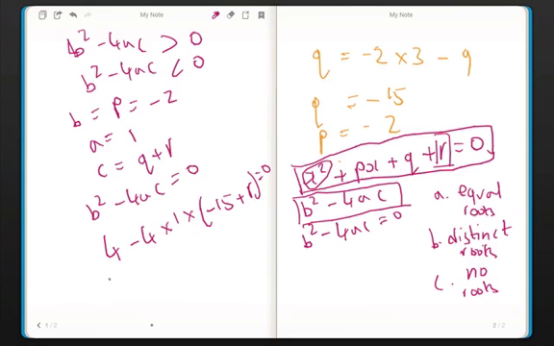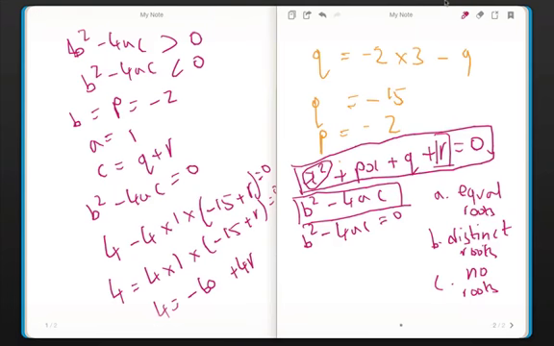If we simplify this, we know that 4 is equal to 4 into 1 into minus 15 plus r. So 4 is equal to 4 into minus 15, which is minus 60, plus 4r.